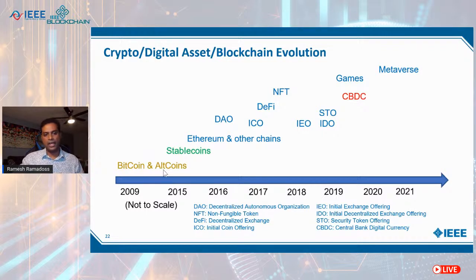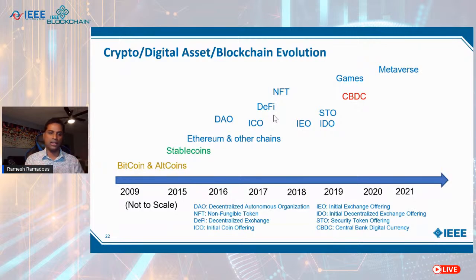And so now, around 2015, programmable chains were launched, Ethereum and other chains, and that set the stage for a lot of the innovation that you see here. Remember, we talked about how you could deploy smart contracts on the Ethereum blockchain. That programmability enabled things like DAOs, decentralized autonomous organizations, purely running on smart contracts.